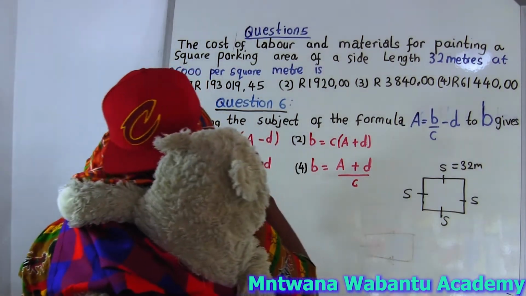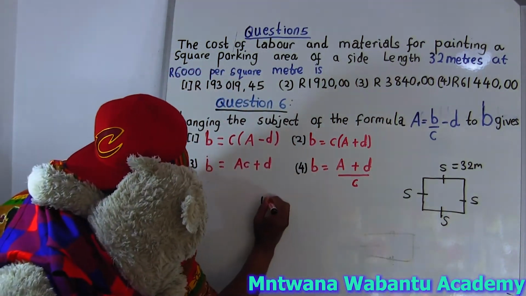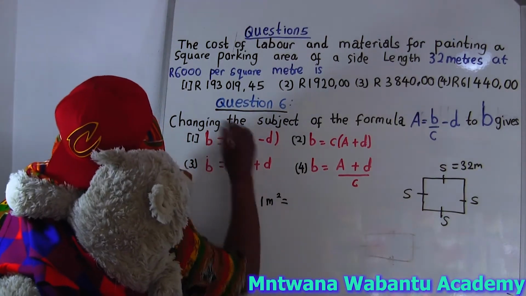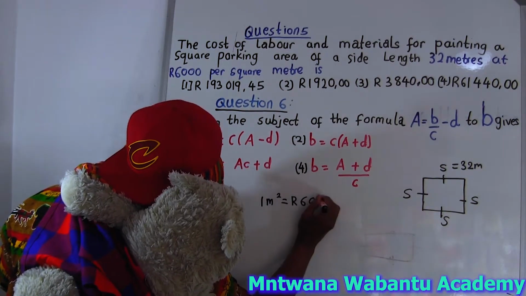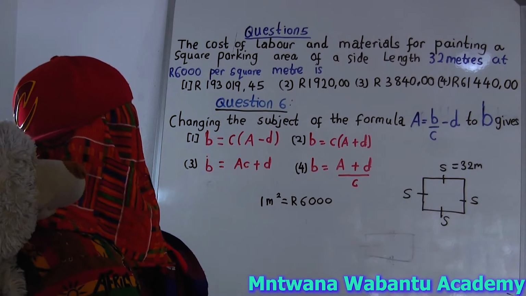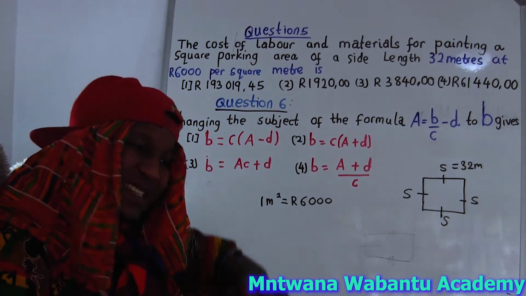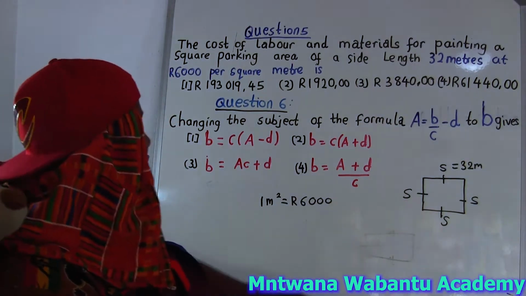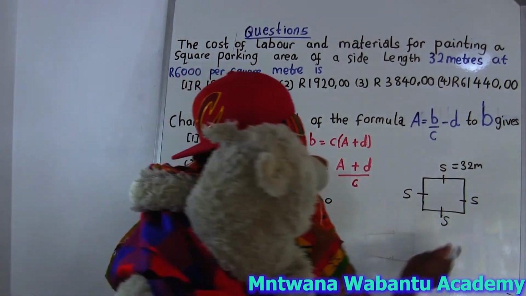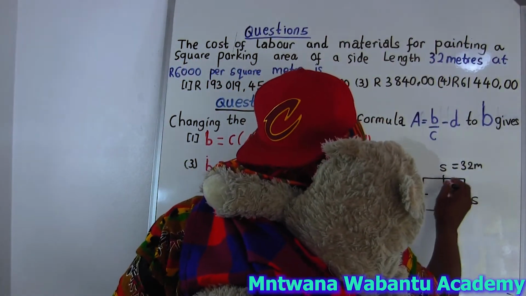So every 1 meter square costs 6,000. First and foremost, this is not just 1 meter. 1 meter square means the area. So let's find the whole total area of this parking, because we want to paint all of it.